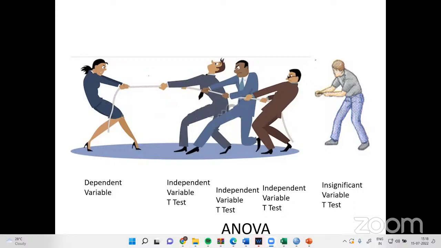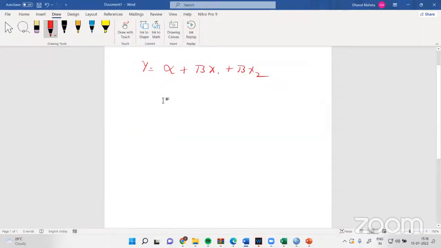He is present in the model, he is there in the system, but he is just deceiving us that he is helping the system. But we have to identify this variable that is not contributing in this tug of war or in our model. Is it clear? With this understanding, let us go back to how we write things theoretically.